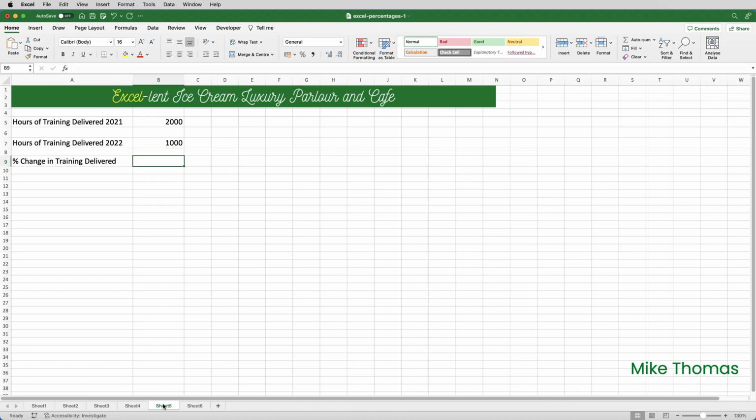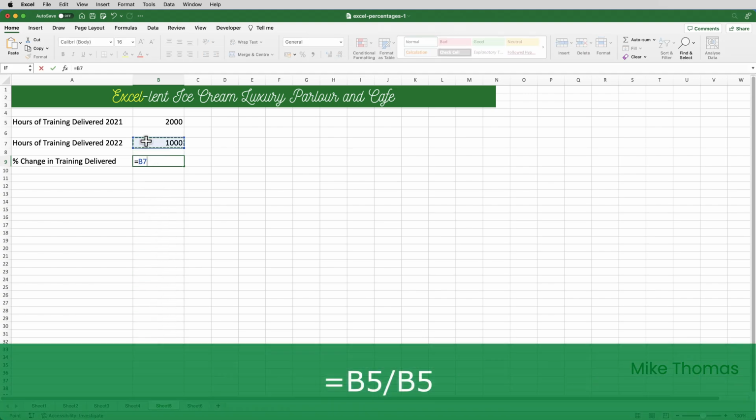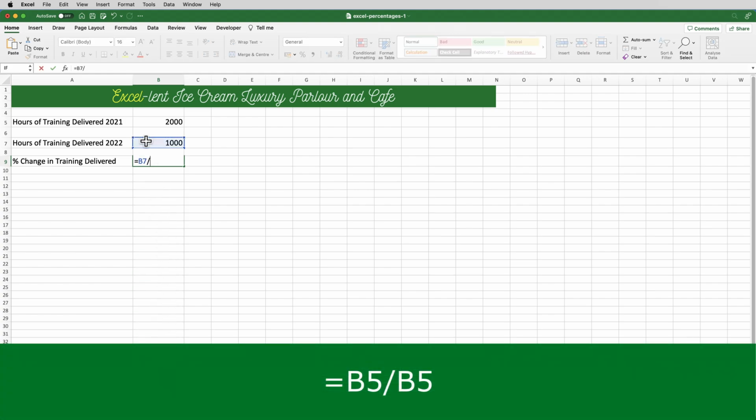A similar example here. In 2021, the education team delivered 2,000 hours of training, and in 2022, they delivered 1,000 hours of training. What was the percent decrease? Well, to do that, I'll calculate 1,000 as a percentage of 2,000. So in B9, I'll say B7 divided by B5.